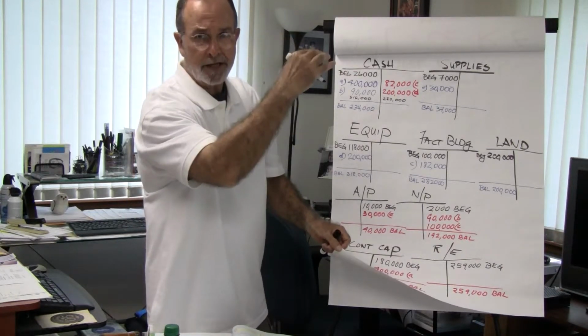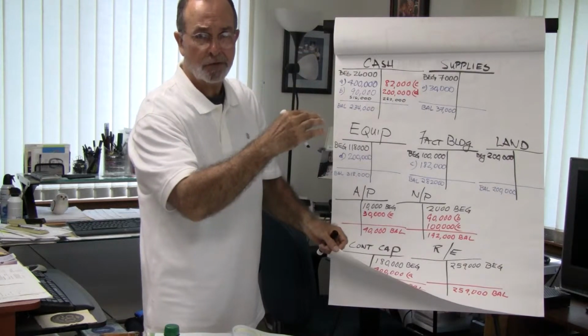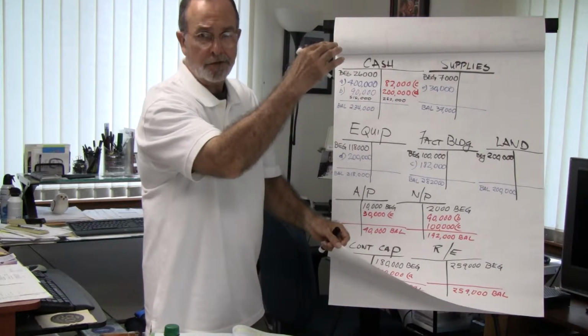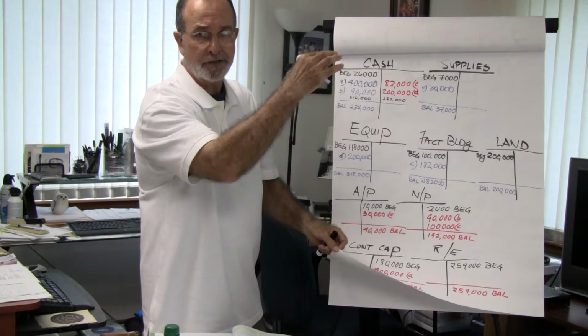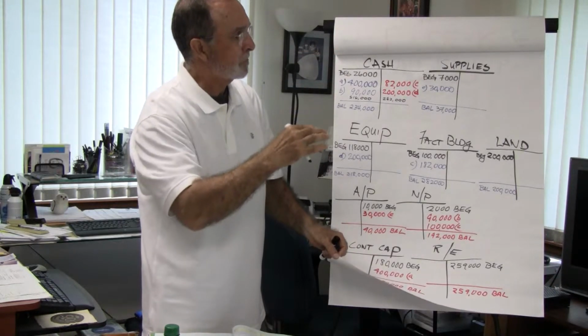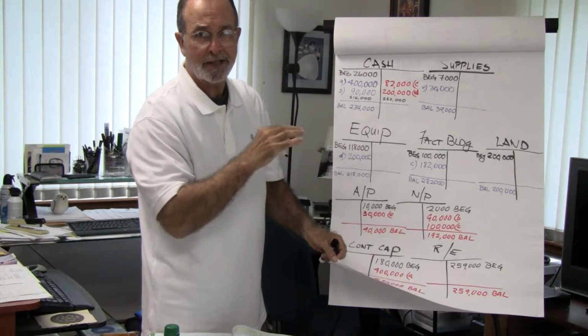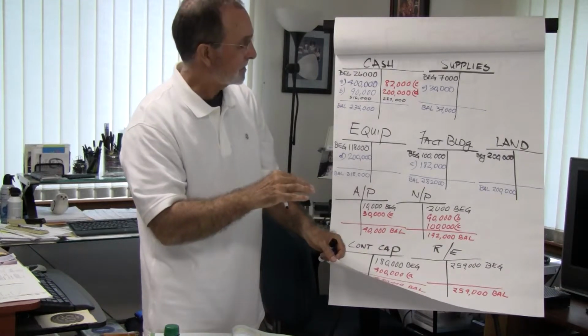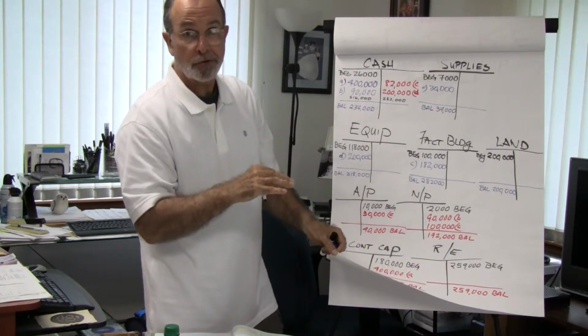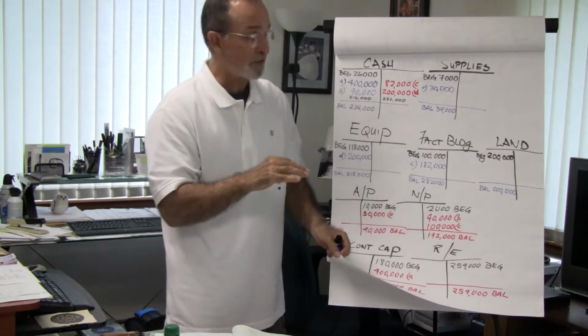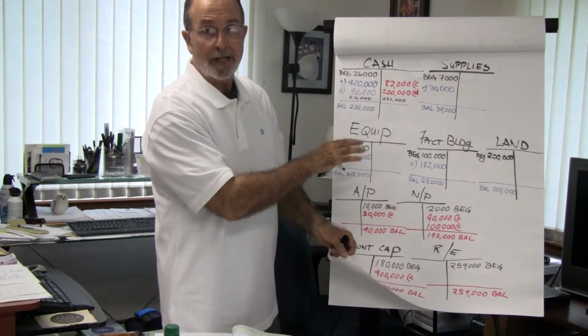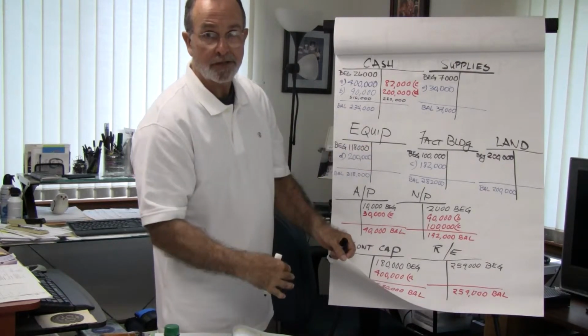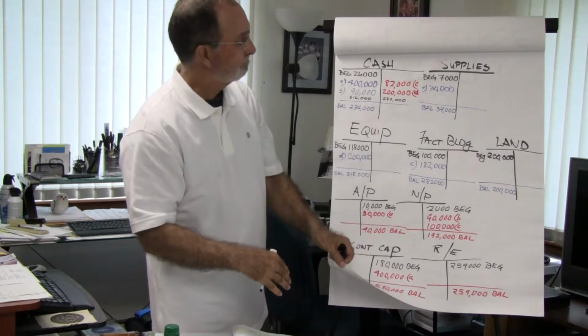Typically you would have cash listed first, accounts receivable, which is turned into cash when they are collected, listed next. And then current asset items like supplies and inventories will be listed next. And then less current assets or long-term assets like equipment and buildings and land will be listed towards the end.